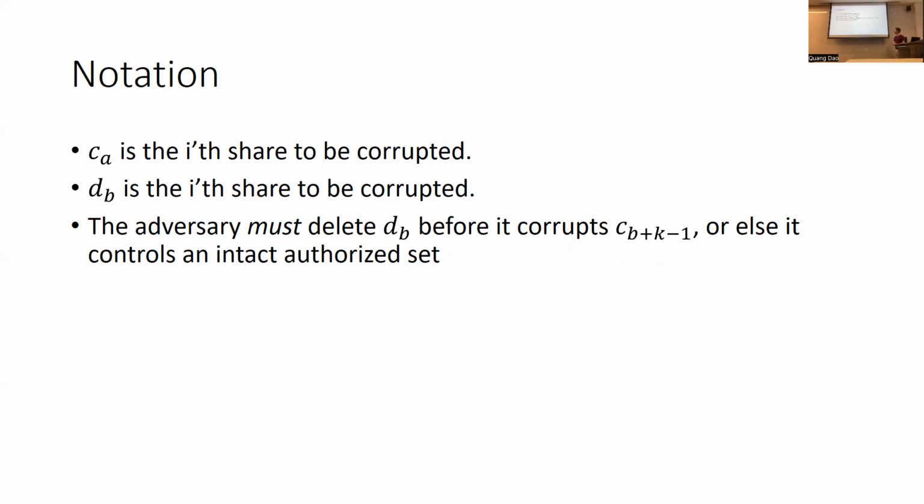Or else it's going to control too many shares. If it has b plus k minus 1 total shares, and it's deleted b minus 1 of them, then it has k total shares that have not yet been deleted. It controls an authorized set. There's nothing we can do.